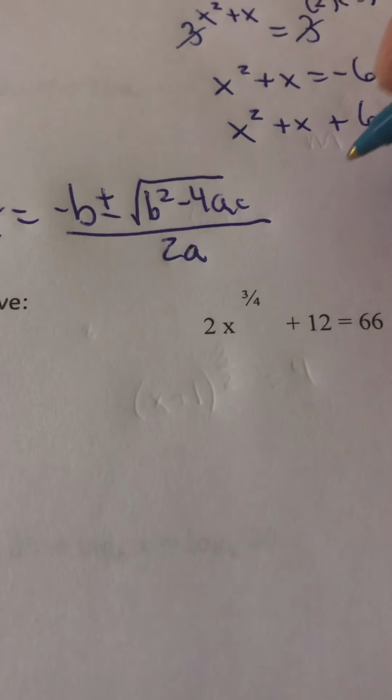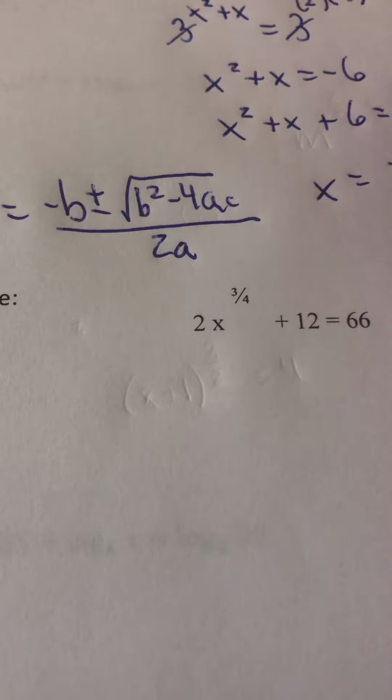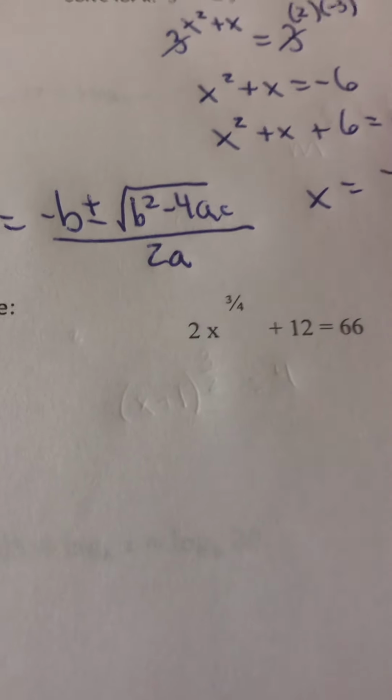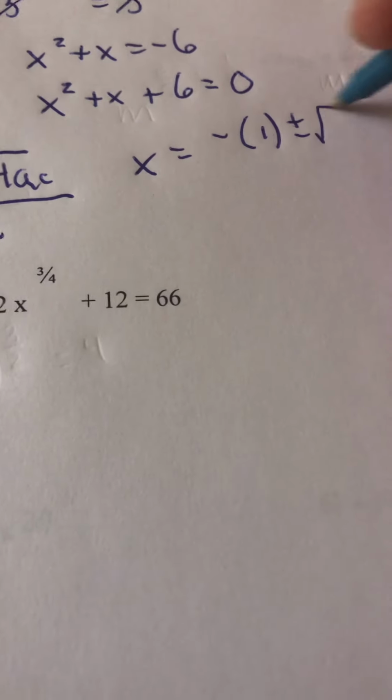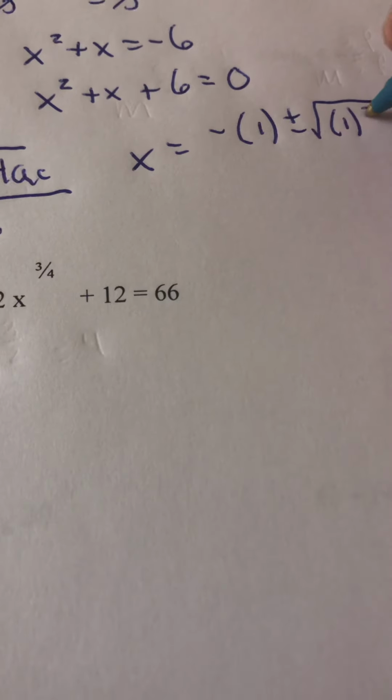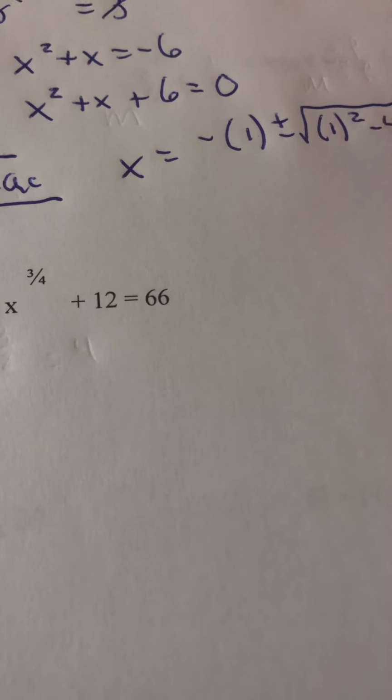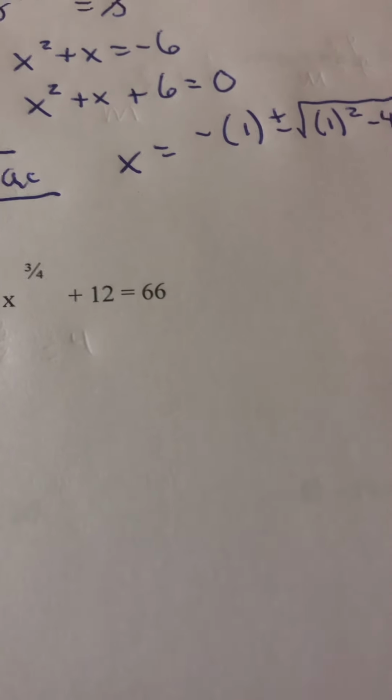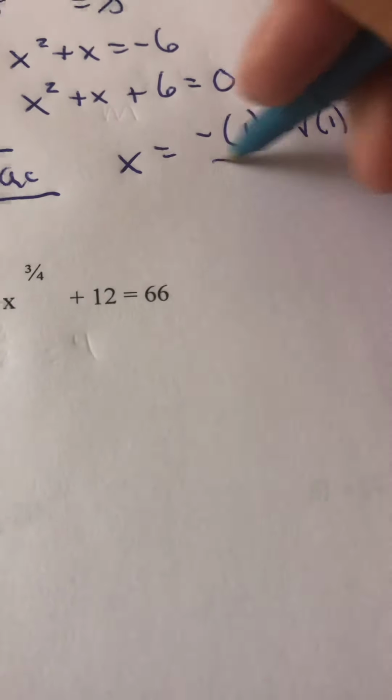So I'm going to plug this in. x is equal to, my b value is 1, so I'm going to put 1 there. My a value is also 1, and my c value is 6.